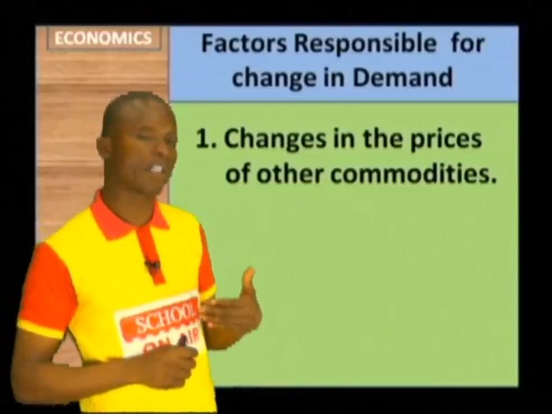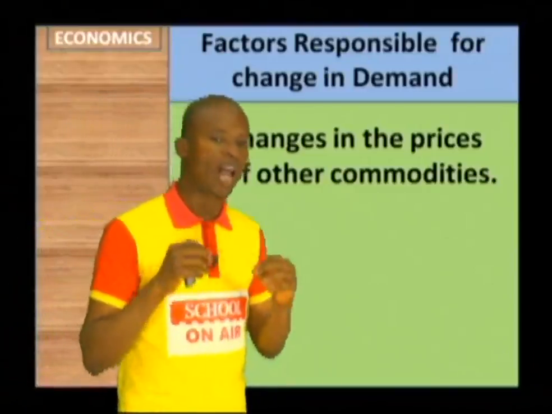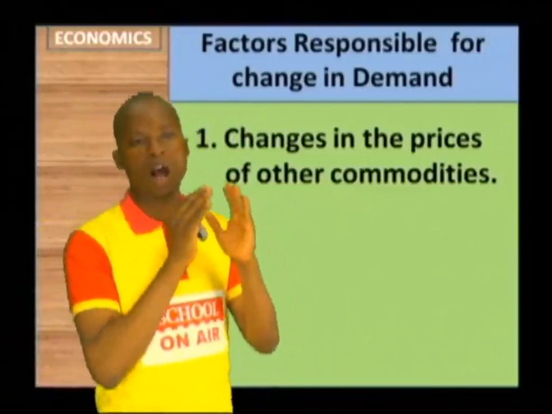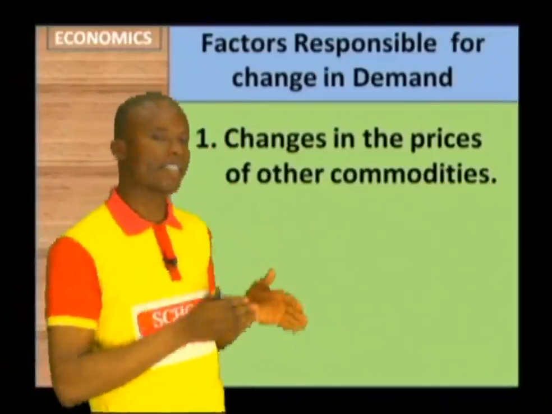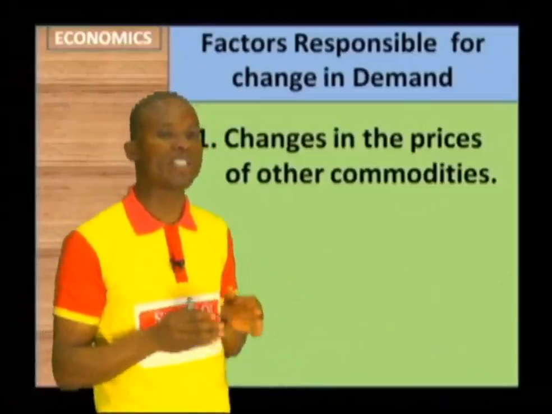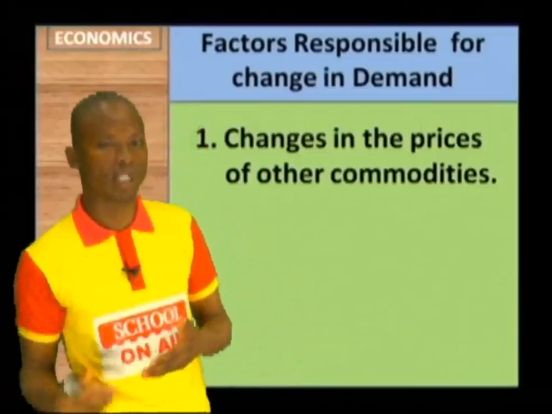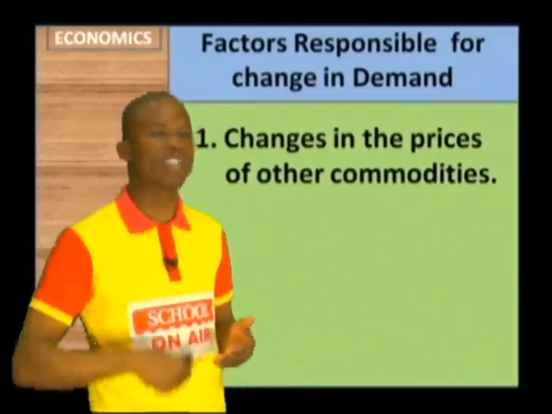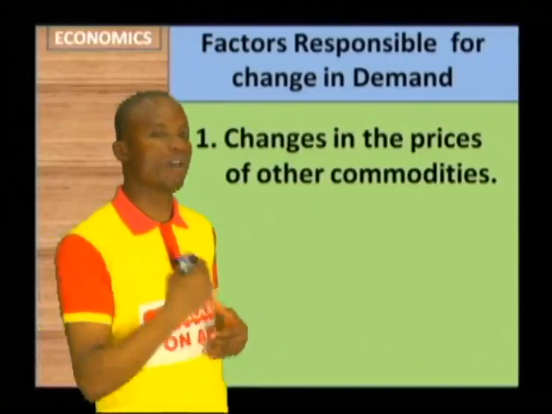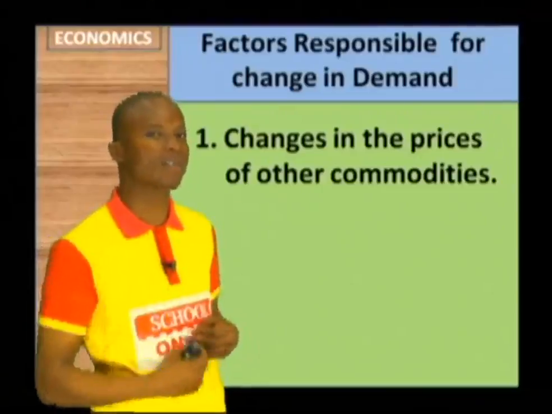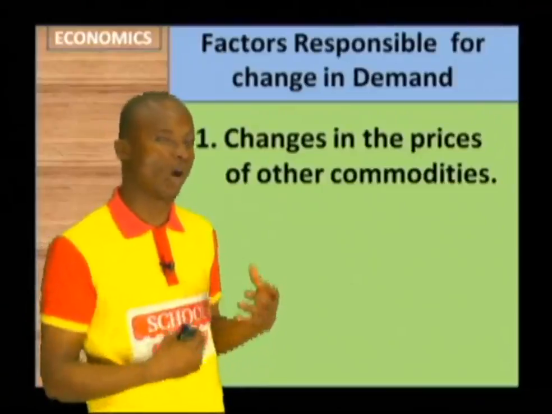And in our previous discussion, we tried to highlight what a substitute is and what a complement is. I said that a complement is a commodity that is demanded together with another one. That is, buying one implies automatically buying the other. And a substitute is a commodity that serves as an alternative to another.